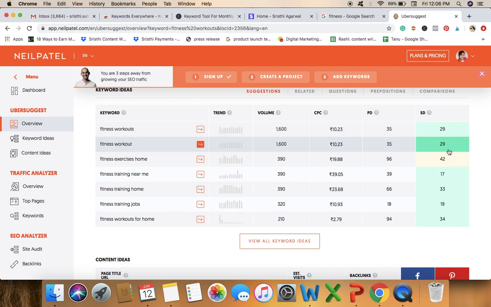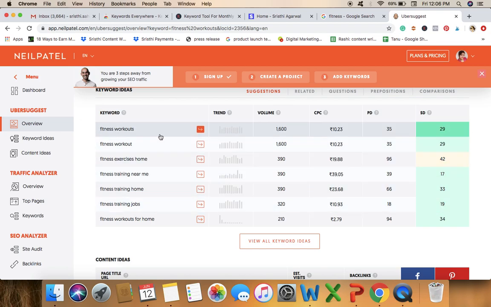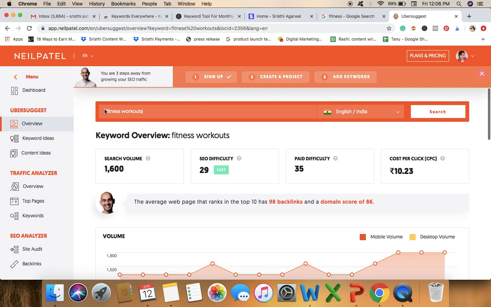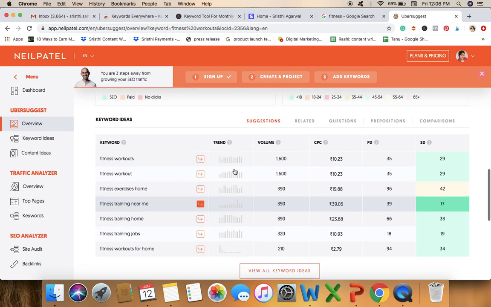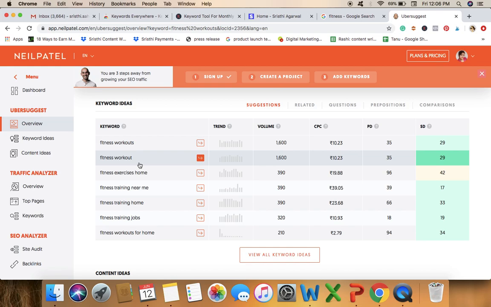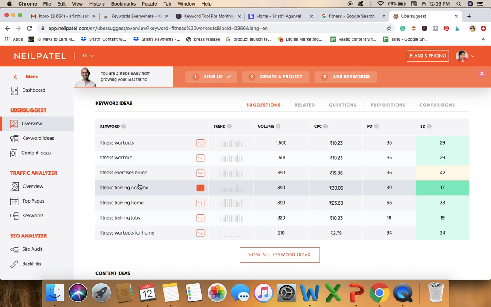And you can see all the green zones. These are the keyword ideas that you can actually find out of that particular keyword. Your main keyword that we decided to work on was fitness workouts. Now this tool is also going to give you the keyword ideas. So just see, fitness workouts, fitness workout, so there's no S, fitness exercises home, fitness training near me.